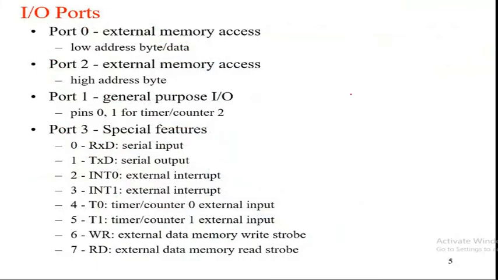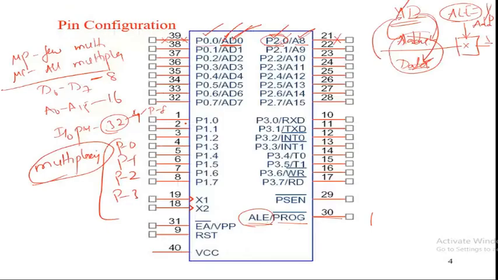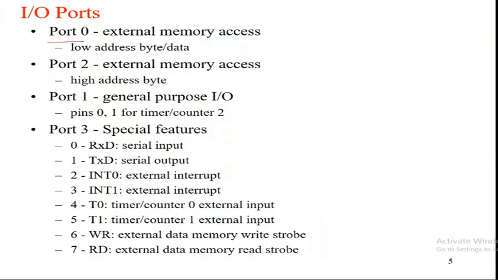So what is port 0, and what is its importance? As we have seen, the port 0 pins are used for IO purposes, that is, IO pin access. At the same time, the same port pins can also be used for the low address and multiplexed data bus, for external memory access to interface any input and output.